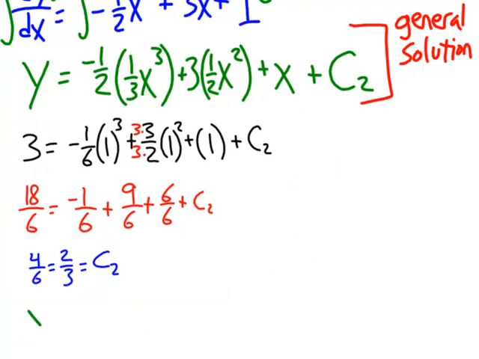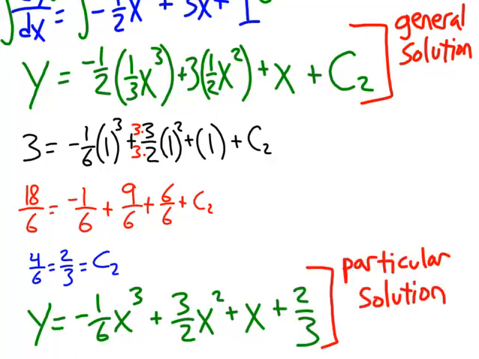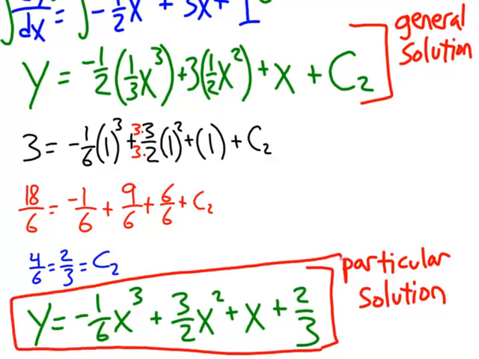And that's basically the same thing as the general solution, but with the c value plugged in. So negative 1/6 x cubed plus 3/2 x squared plus x, and then plus the 2/3 that we just solved for. That's our particular solution, and we'll put a box around it.